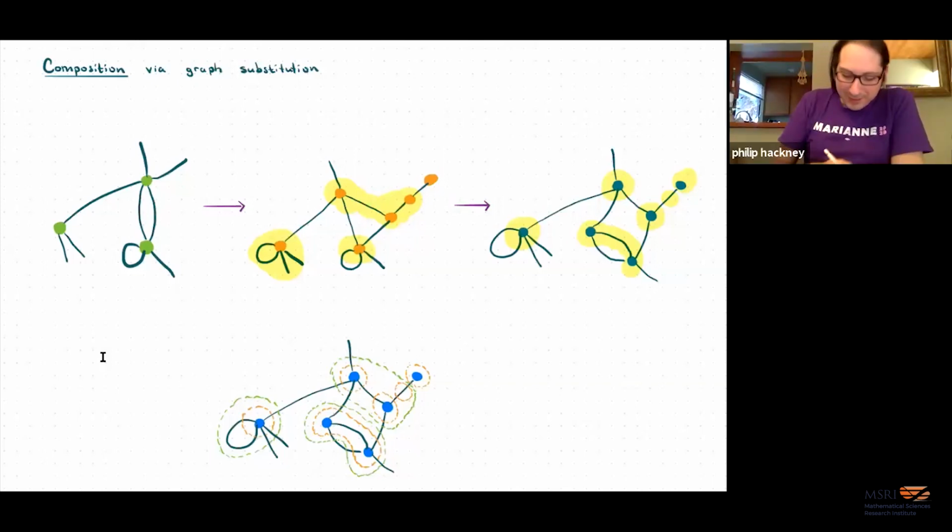So the composite from left to right is really taking these three green embeddings in the target. So that's a sort of graph substitution kind of operation.